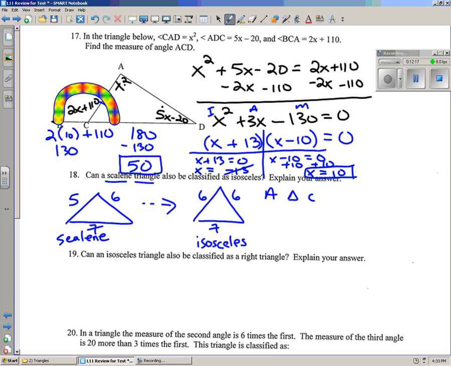So a triangle cannot be both scalene and isosceles.